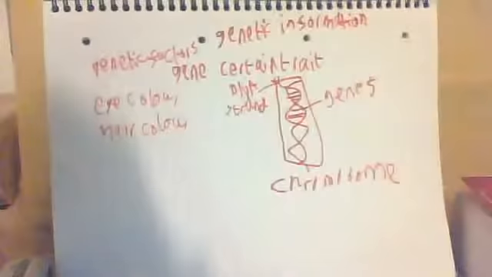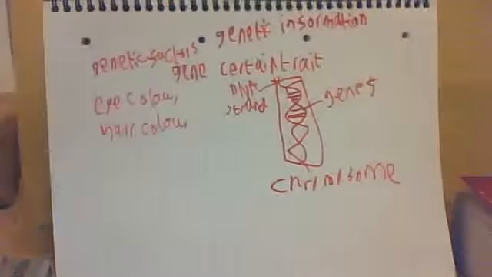Inherited means that you get these traits or characteristics from your parents. Each one of your parents will donate half their genetic information onto you, which is why you possess half the traits from each one of your parents. Whereas you don't have to possess everything that your parents do. There's certain traits that could skip a generation, for example.